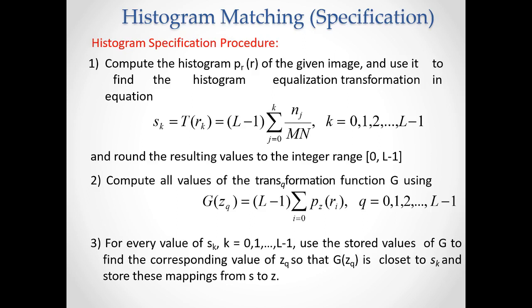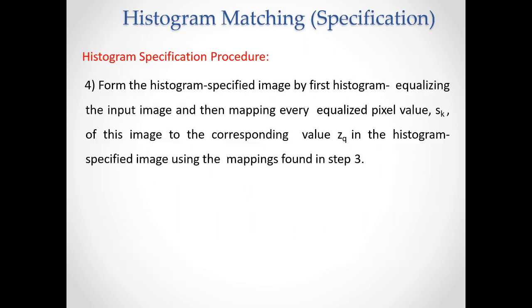Now the histogram equalized values of the input histogram and the specified histogram are similar. That is why, to map the input histogram value with the specified histogram value, we perform histogram equalization, then the inverse of that histogram equalization will produce the mapping with the specified histogram.